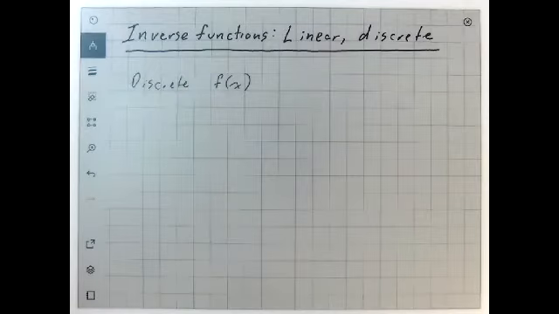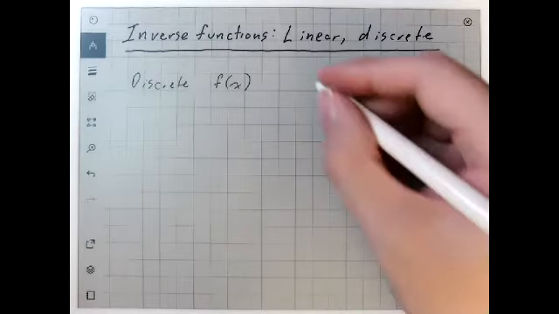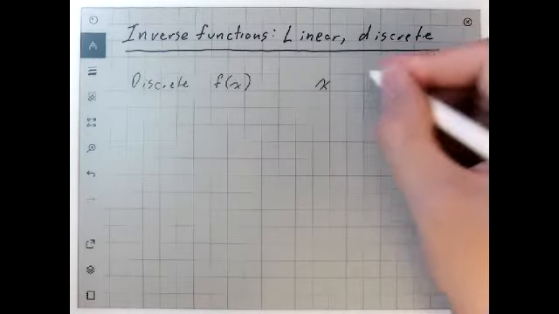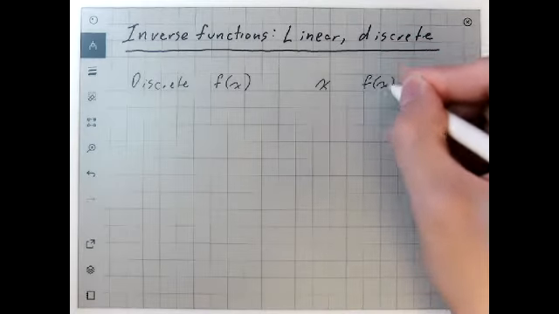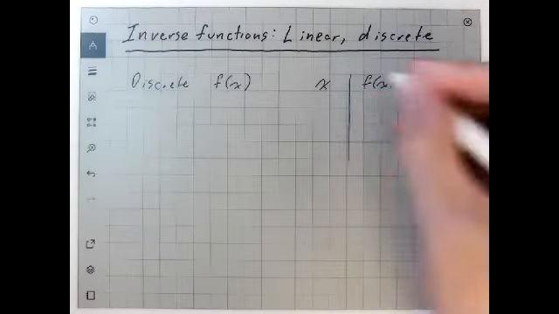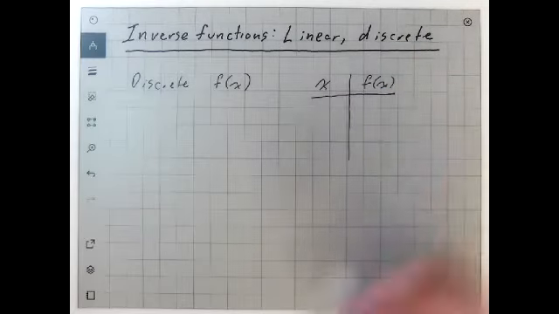Let's start off thinking about a discrete function, f of x, and I'm going to present this function in a table. So if we have some x values and f of x values, a discrete function is a function that has just a couple of points on it.